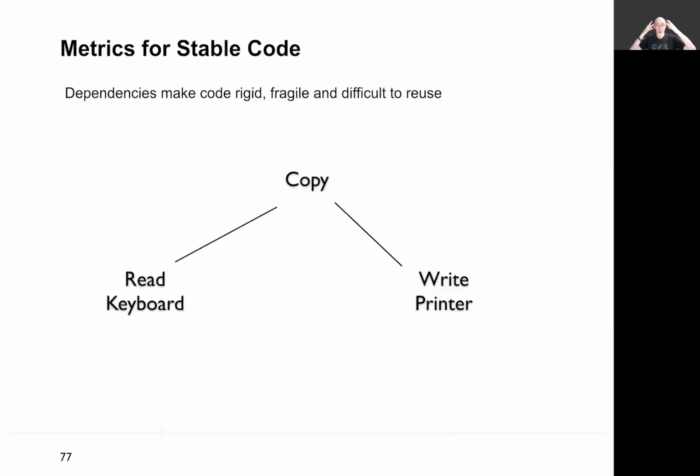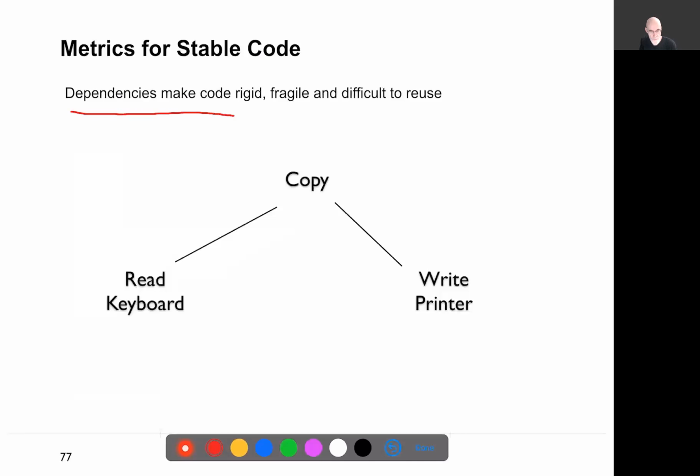This is yet another way to talk about the same sort of thing. Right, and as they say, dependencies make code rigid. And so this comes from an article, if I remember correctly, from Robert Martin. And they use this example.